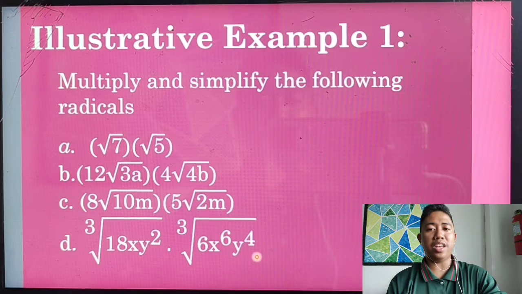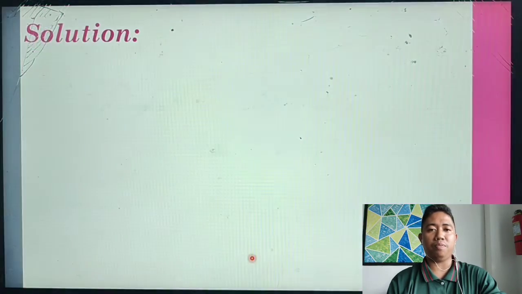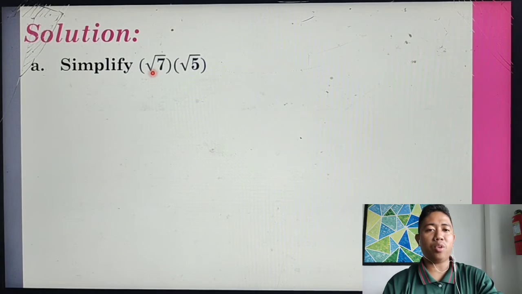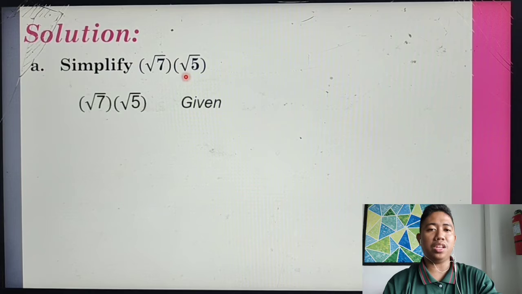To simplify each of these products of two radicals, here is our solution. Let us start with letter A. We simplify the two roots, the square root of 7 and the square root of 5. The first step is to state the given.